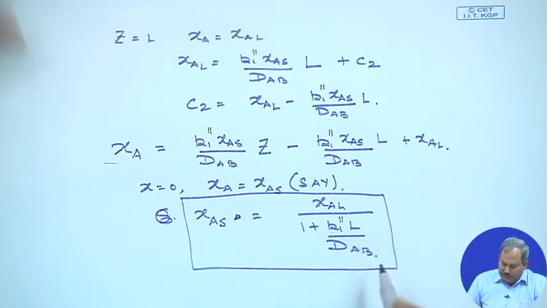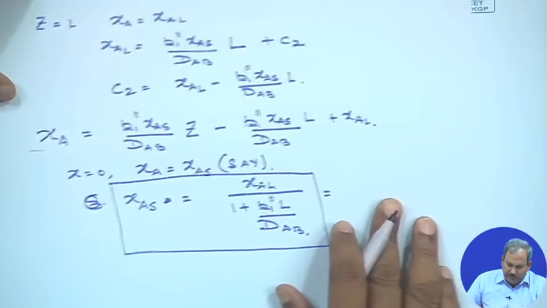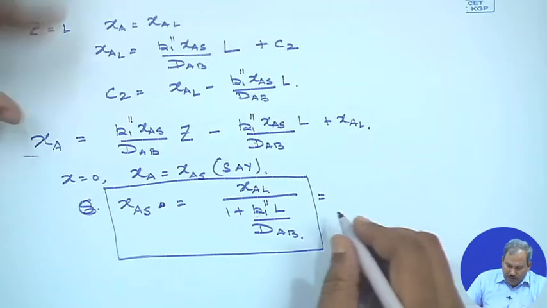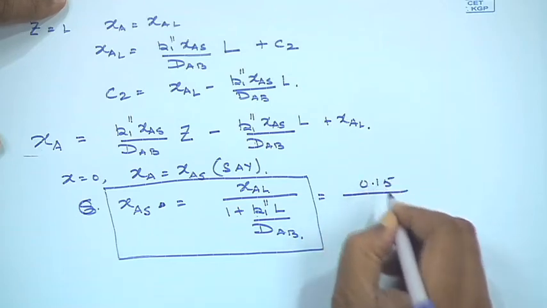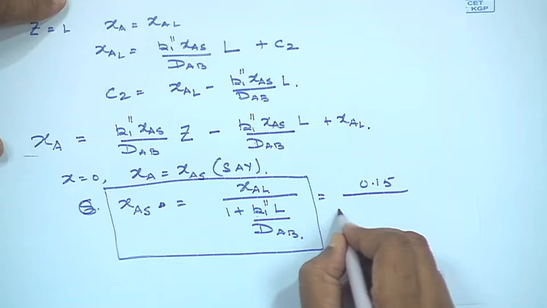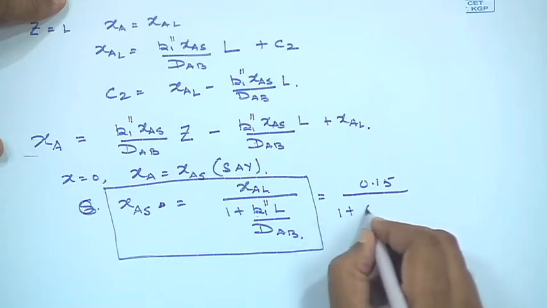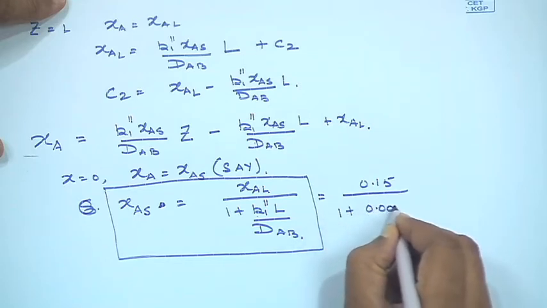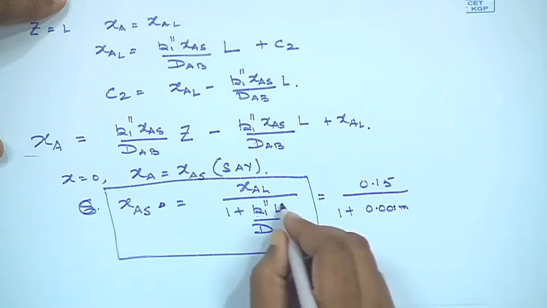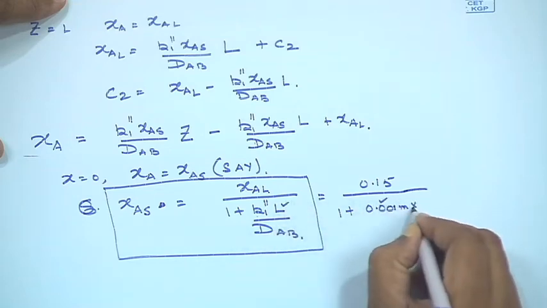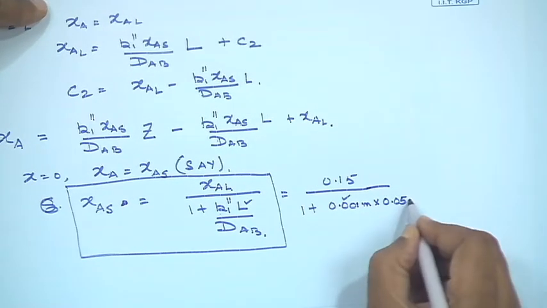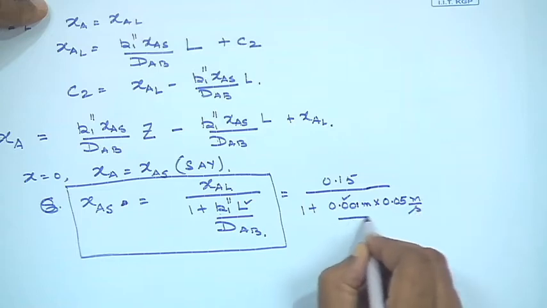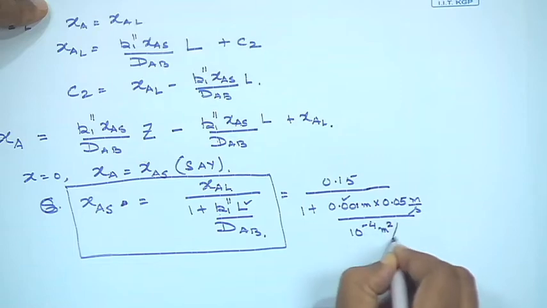So, once we have that, I should be able to plug in the numbers over here. XAS would simply be equal to XAL, which is 0.15 as provided in the problem, divided by 1 plus K1 double prime, which is 0.05 meter per second, times L, which is 0.001 meter, divided by DAB, which is given as 10 to the power minus 4 meter square per second.